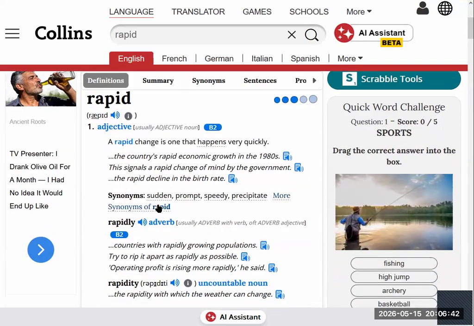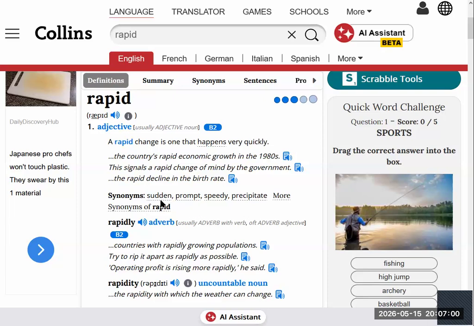In this case it's sudden, prompt, speedy. So you might do a job for someone rapidly, and you might talk about moving in your car very rapidly, but more often it's in the idea of sudden, prompt, precipitate.